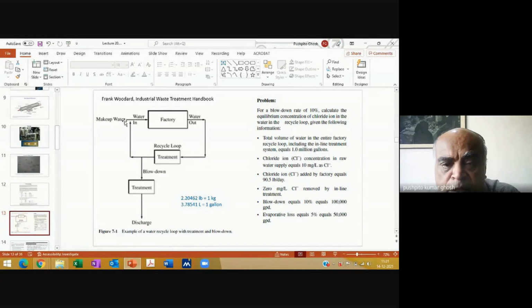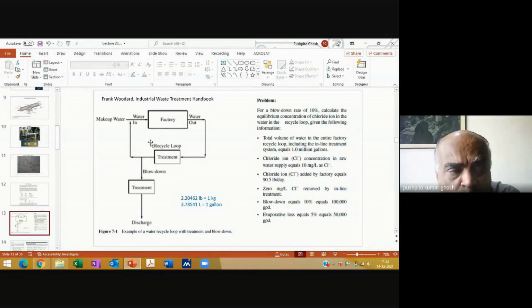So, for example, let's say there is a limit on the amount of chloride which can be present in your water, and I have put in water with a certain level of chloride, and the operations involved in my factory introduce chloride, maybe sodium chloride, which I have to add for something or the other. And so what can happen is that at the end, I may have too much chloride in my water, and even after the treatment, I can't put it back, because of the high level of chloride.